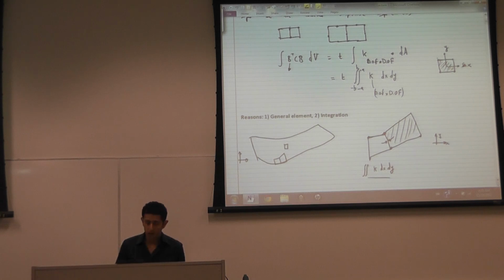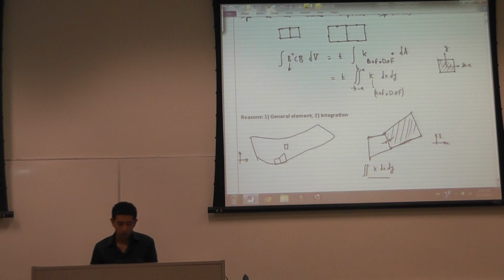Basically, I want to integrate over this area, so the bounds or the limits of the integration will be functions. It's not going to be easy to integrate over this area. And each element, to do that integration, will require a lot of computations, and it's not going to be easy to write a program to do this integration.